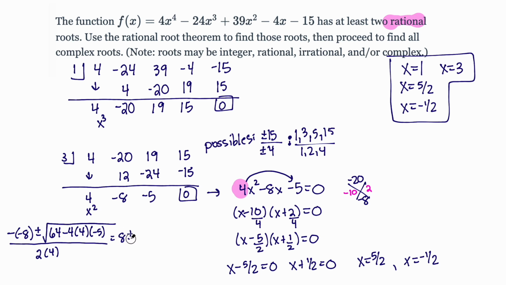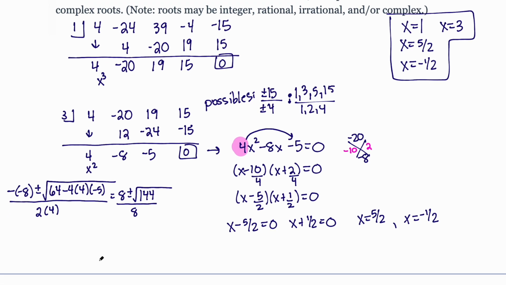So I'll get 8 plus or minus the square root of 64 plus 80, which gives me 144 all over 8. Well, the square root of 144 is 12, and so I will get 8 plus 12 over 8, and I will get 8 minus 12 over 8, which is exactly what I got over here.